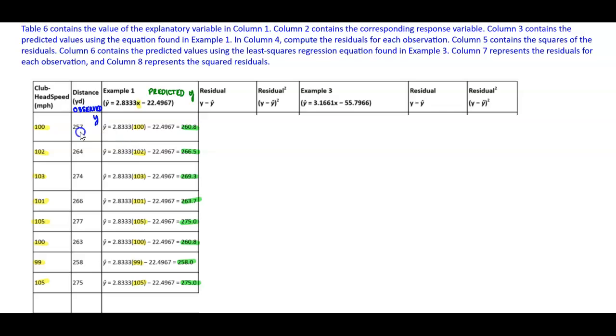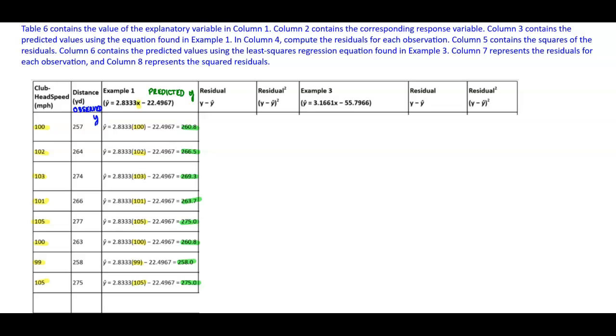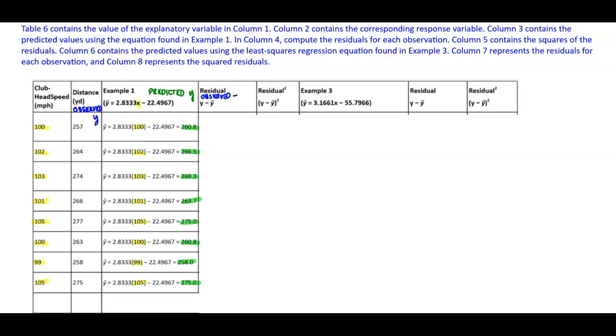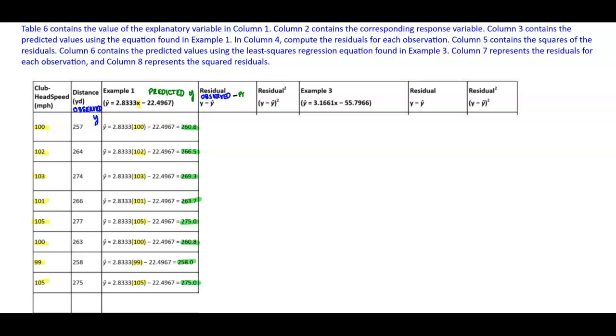So now we're going to take these observed values and then subtract the predicted value. So we're taking our observed y value and then subtracting the predicted value.